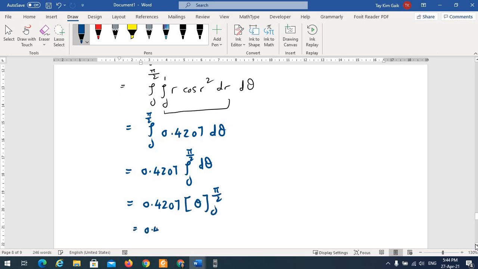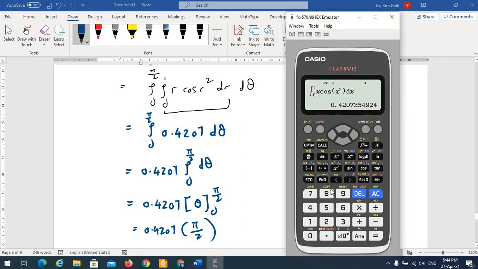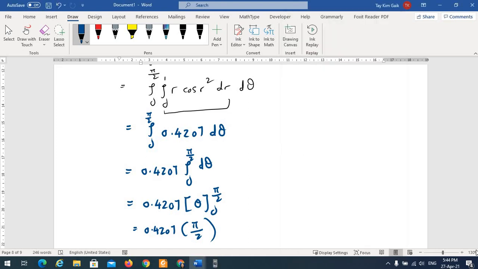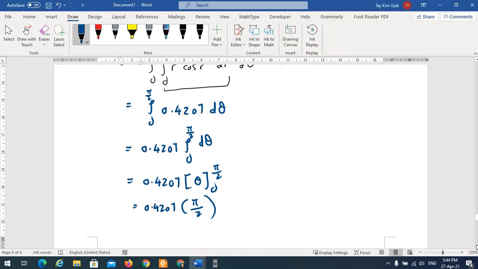So 0.4207 times pi over 2. So the answer you can times pi divide 2, 0.6609. This is using calculator.